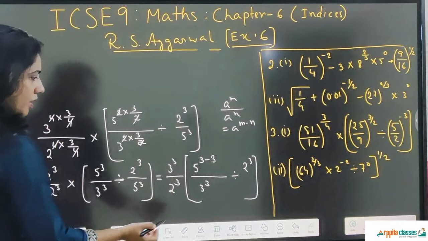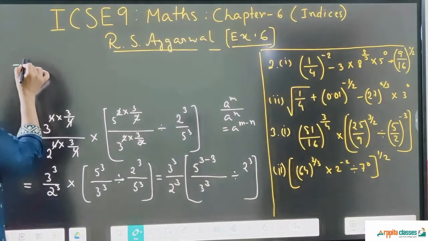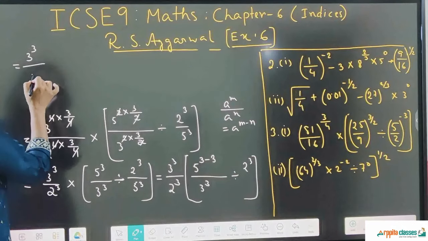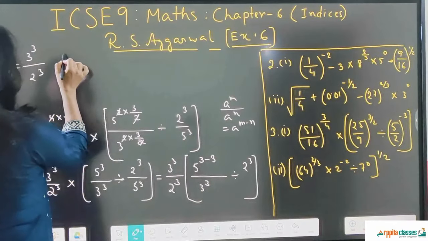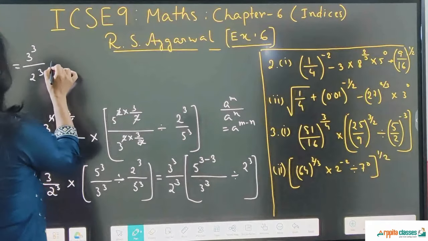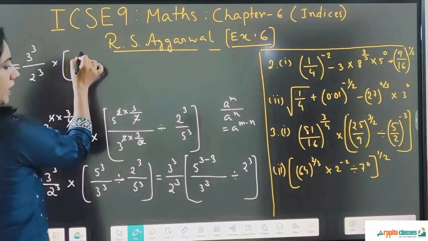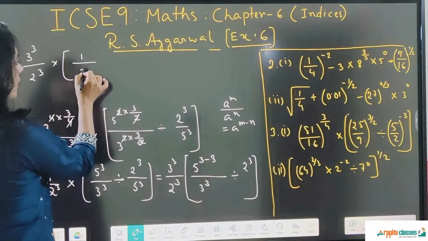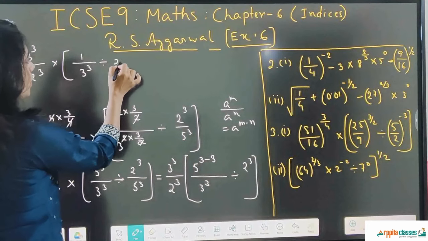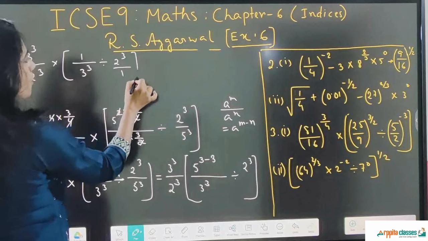Okay. So now this is coming 3 cube upon 2 cube. Now 5 to the power 0 it is, anything to the power 0 is 1. So we are getting here, there is a multiplication sign. Here we are getting 1 divided by 3 cube upon 2 cube. Nothing is there, means 1.